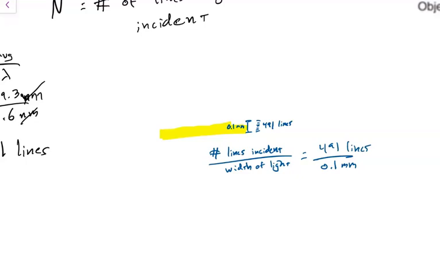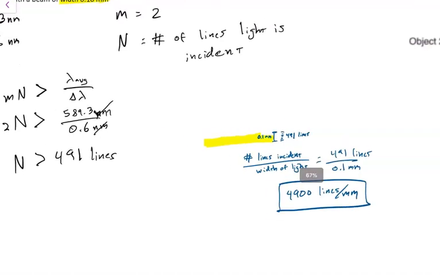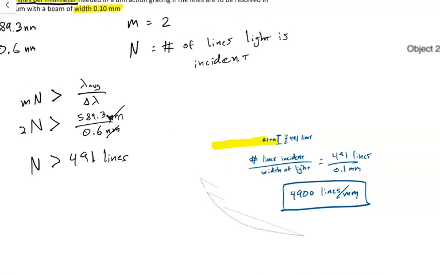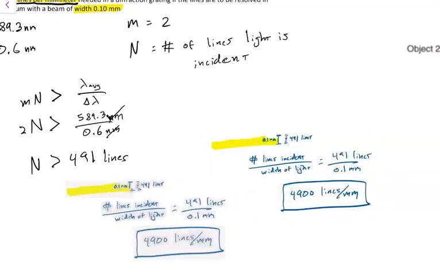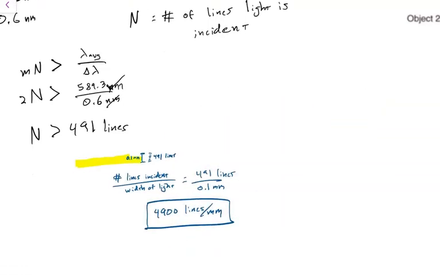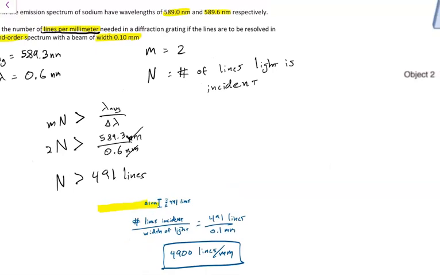And so this is just 4,900, we'll just say 4,900 lines per millimeter. So I rounded, right? Technically it's 4,910, but that's it. And that's where we would end off. So like this, end off with our answer.